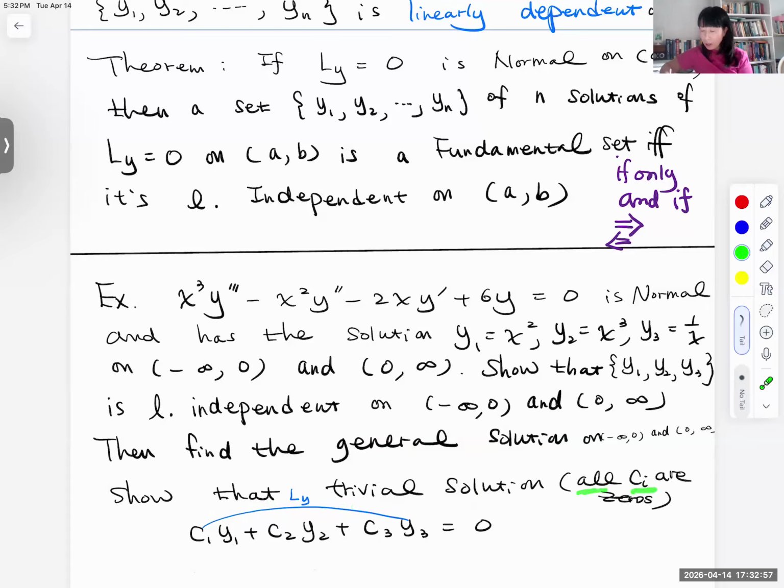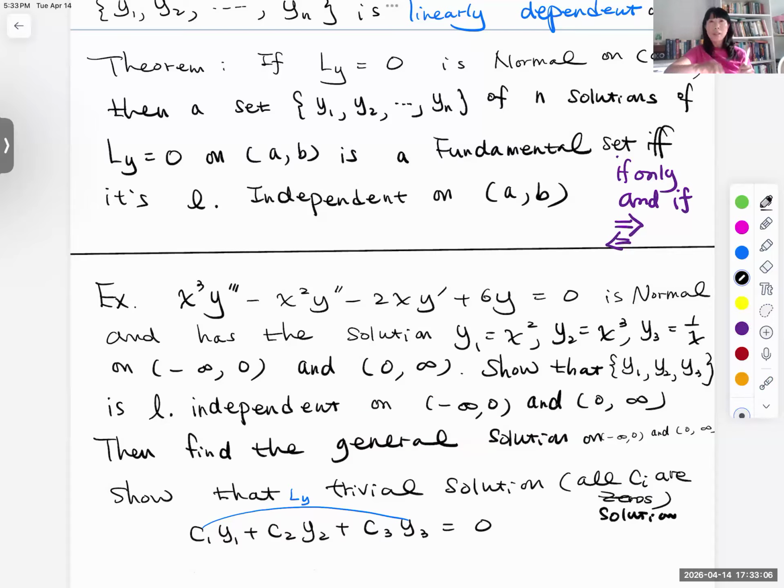All c sub i are zeros. Okay, so let's do it. I wrote down c sub 1 y sub 1 plus c sub 2 y sub 2 plus c sub 3 y sub 3 equal to 0, right?